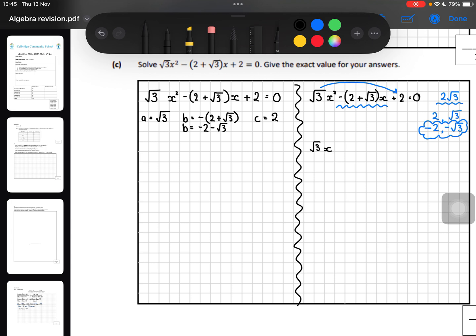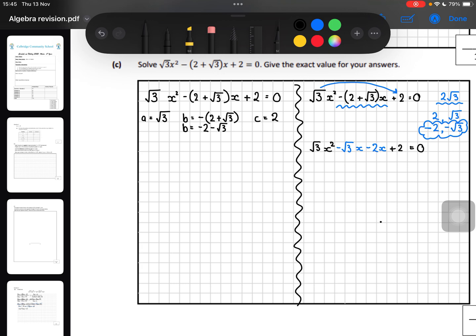Some people probably saw, oh well, let's match up for the grouping for the next part, the square root 3 with the square root 3. You absolutely can do that, or you can put in the minus 2x first. Both will work out the same. I'll write it out where I've matched them together so that it will match up with more of the ones that you've done. And then don't forget to carry down the plus 2 from the end.